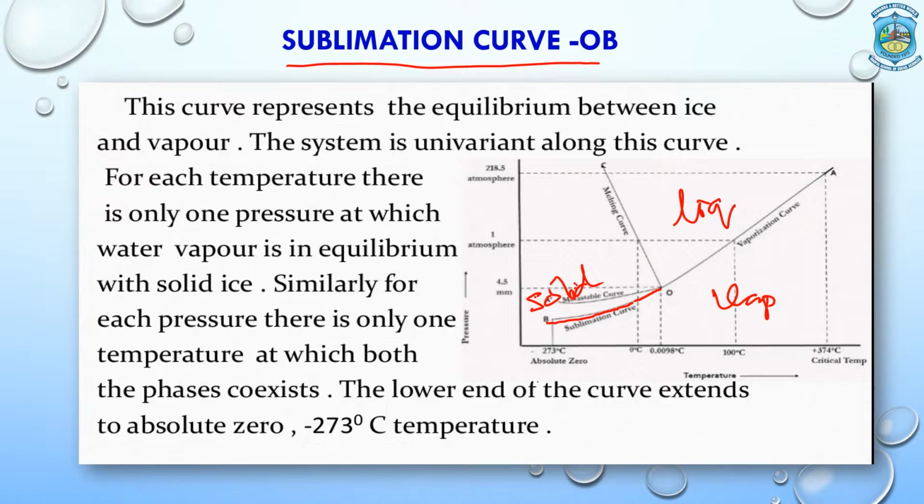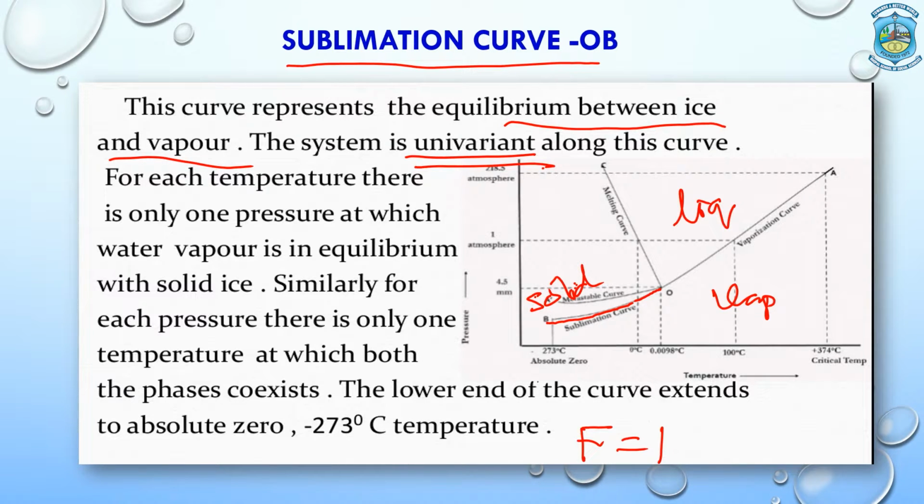So, this curve represents the equilibrium between ice and the vapor state. Again applying the phase rule, since it is a one component system and the relationship is between the two phases, solid and gaseous, F is equal to C minus P plus 2, which again gives F is equal to 1, a univariant system, as it was in the case of OA, the vapor pressure curve.